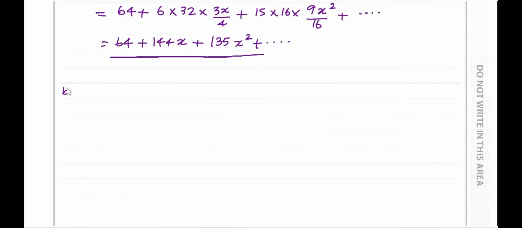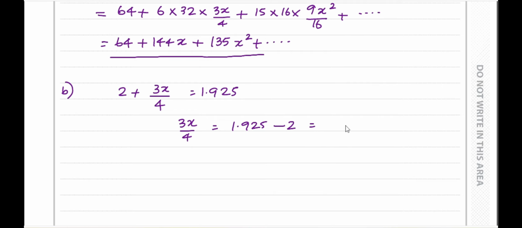So we could write 2 plus 3x over 4 equals 1.925, which means 3x over 4 equals 1.925 take away 2, which is equal to minus 0.075, which means x equals minus 0.075 times 4 over 3, which gives us minus 0.1.